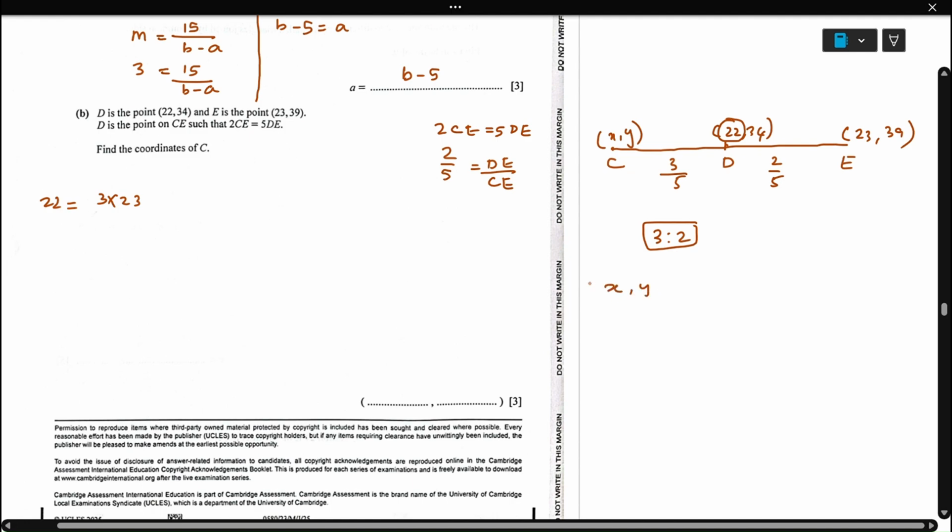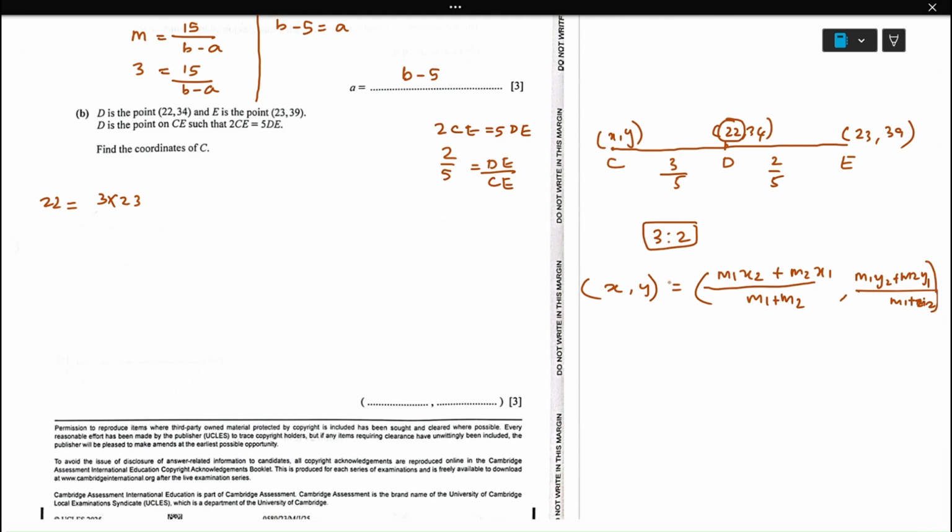The ratio is like m1 and m2. I'll take m1 x2 plus m2 x1 over m1 plus m2, and for the y-axis, the same way, m1 y2 plus m2 y1 over m1 plus m2. m1 and m2 are the ratios.